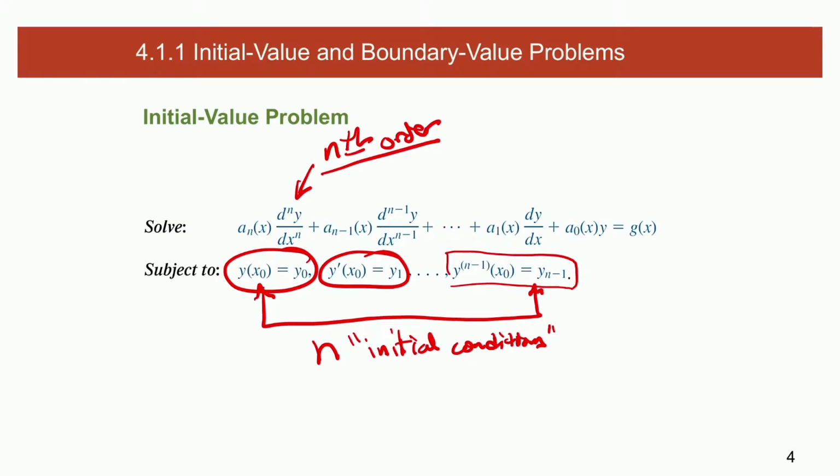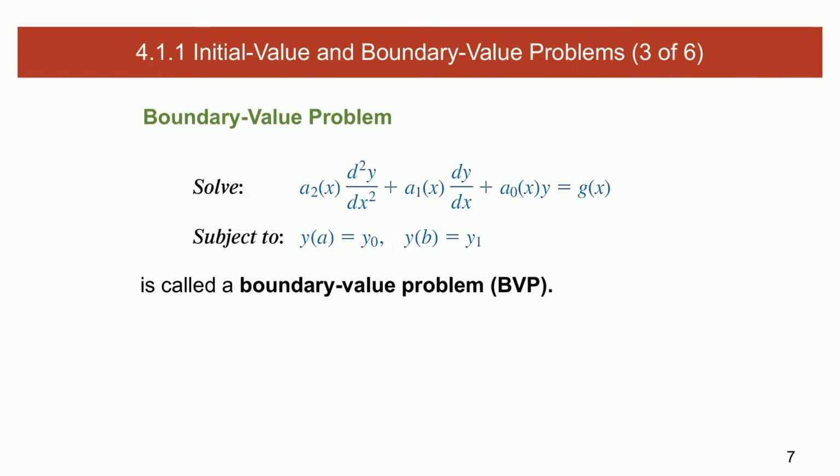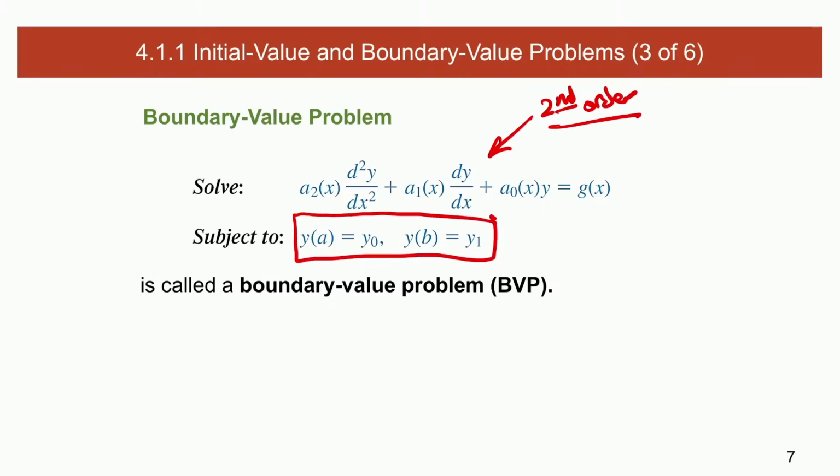Let's contrast that with what's called a boundary value problem. In boundary value problems, you're given, this is a second order differential equation, so second order. Notice that with a boundary value problem, you have two pieces of information, but unlike the initial position and initial velocity, the two pieces of information are: here's the start, here's the finish.